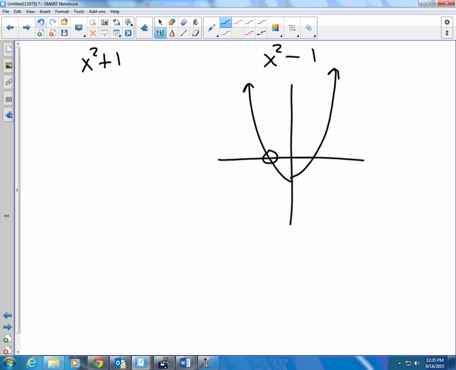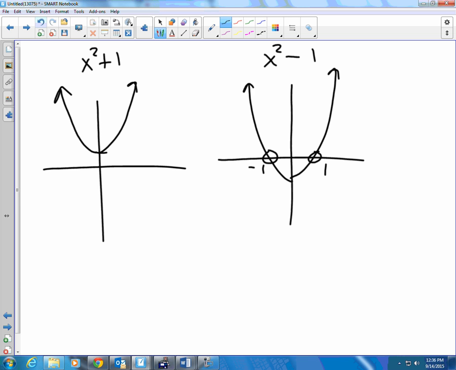So it crosses the x-axis at -1 and at +1. This parabola, x squared plus 1, is shifted up 1 unit. Does it cross the x-axis at all? No. That's why it doesn't factor. It doesn't factor in a real sense. You can factor it in an imaginary factoring way, but it doesn't factor to any real numbers. Period. This does. And there it is. X minus 1, x plus 1.